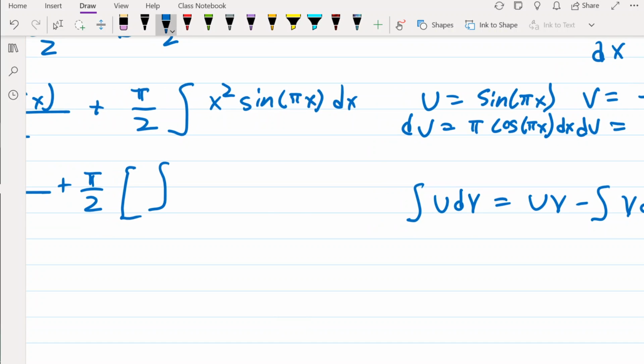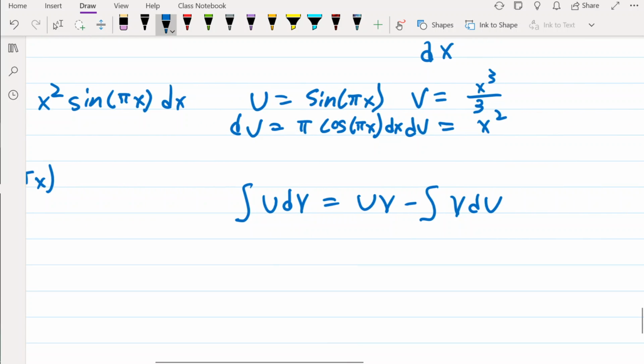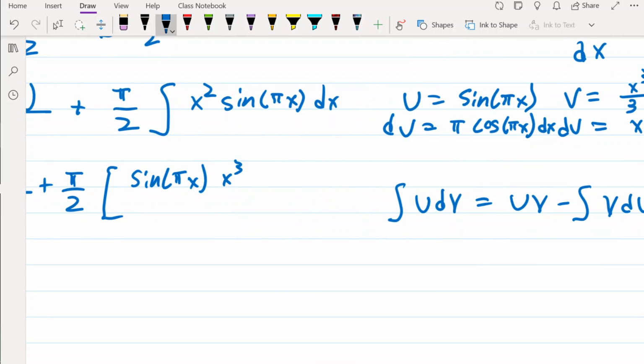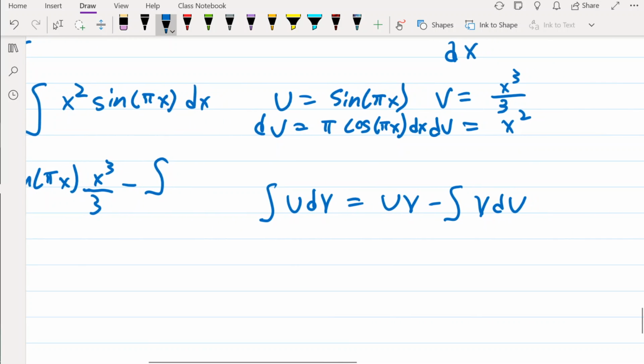So it's going to be u, so sine of pi x, times x over 3, minus the integral of v du.